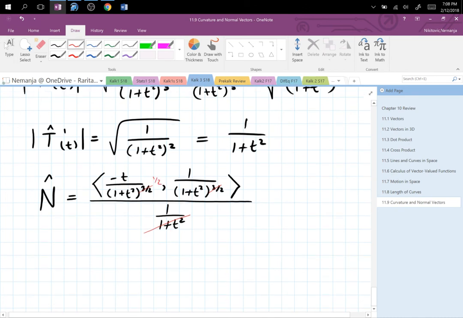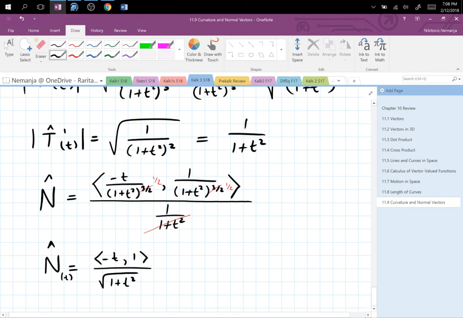So 1/2 stays in each one of these. So what I have is that the principal unit normal vector in terms of t is going to be simply negative t, 1 divided by the square root of 1 plus t squared.